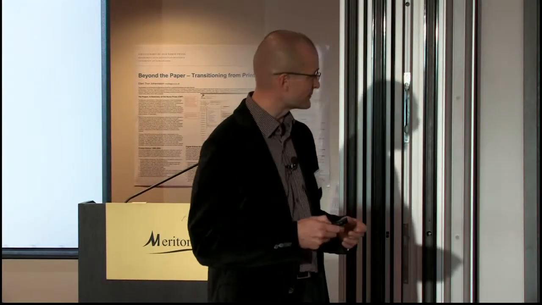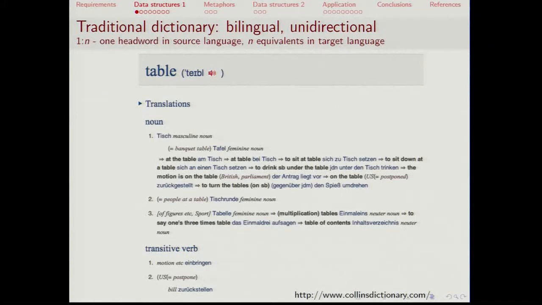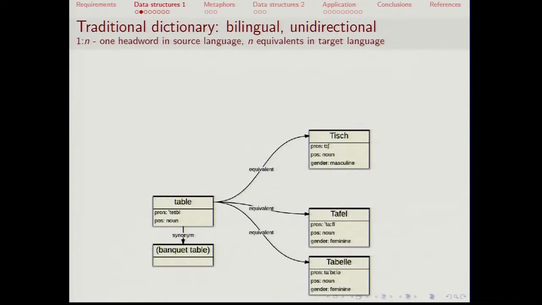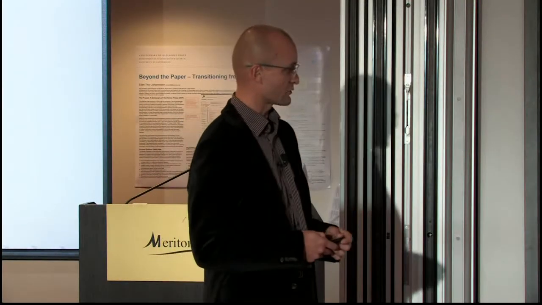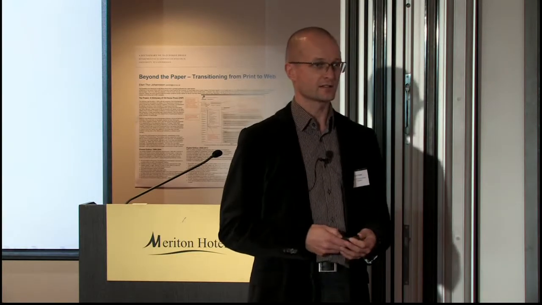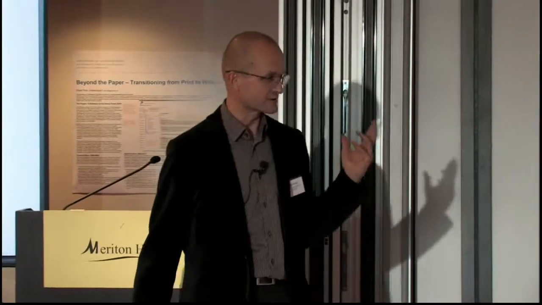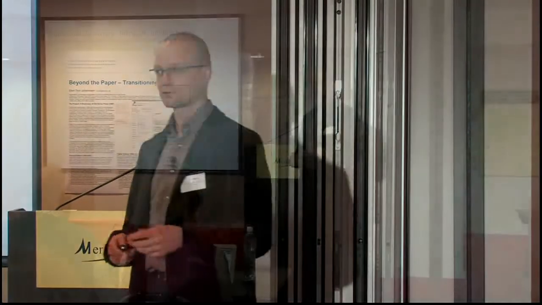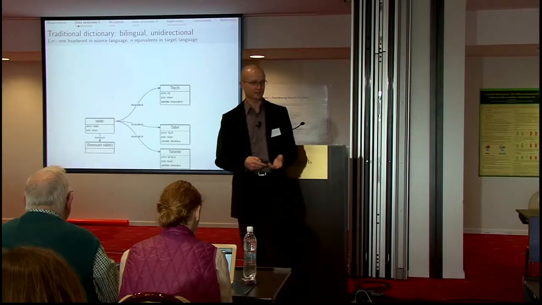Then it has a synonym in one of the senses, banquet table, and then there are three German equivalents, which I have shown in a graph structure like this. It could be implemented in any kind of database, be it a graph database, directly a graph implementation like drawn here, a relational database, XML, anything.